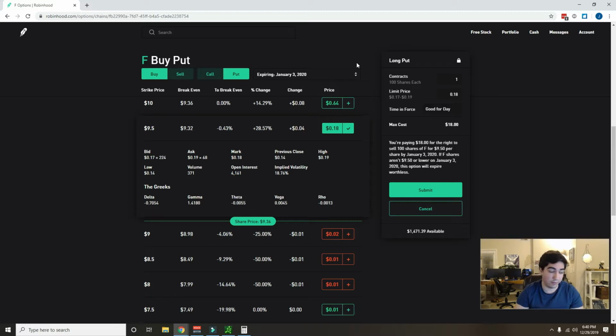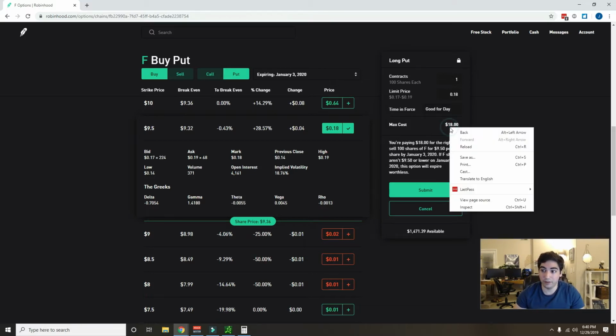Even if the company goes bankrupt tomorrow and the stock's worth $1 or $0, this is my insurance contract to sell my shares for $9.50 a share. That's going to cost me $18.